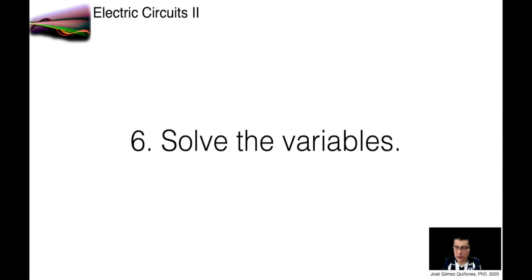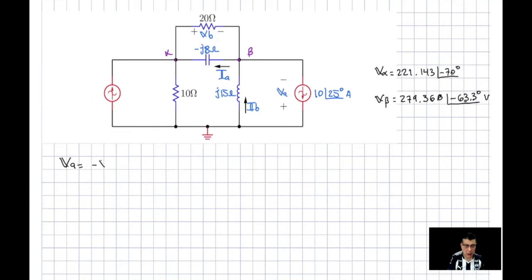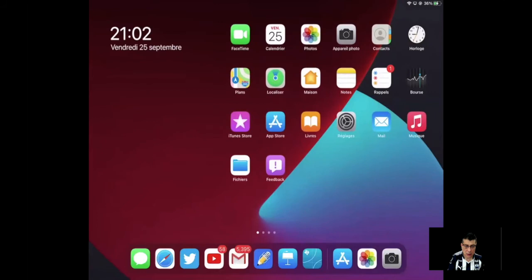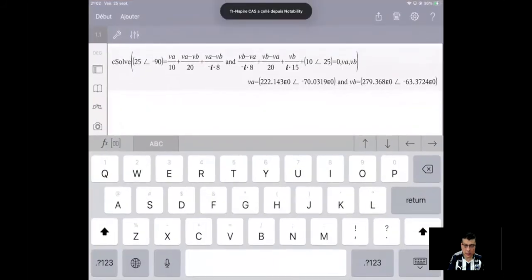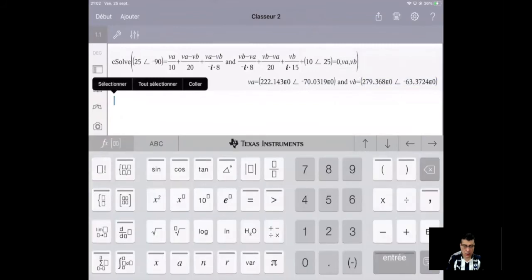Step number 6, solve the variables in my circuit. Okay, so my variables are going to be VA, IB, IA, and finally VB. Okay, VA is the opposite to V beta, so they're going to have the same magnitude in here, 279.368, and I'm going to multiply my V beta times minus 1.